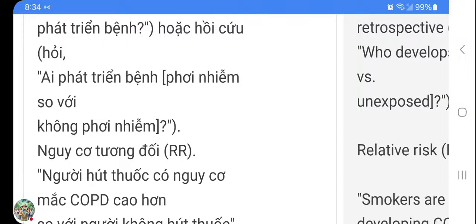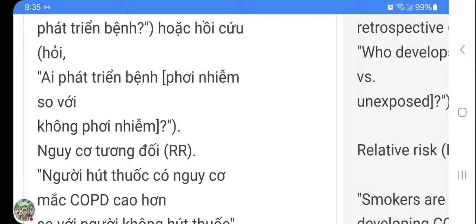Then after 10 years, we saw in the group exposed to smoking, five people smokers, two of them develop lung cancer. In contrast, in the other group without exposure to smoking, one person develops lung cancer.